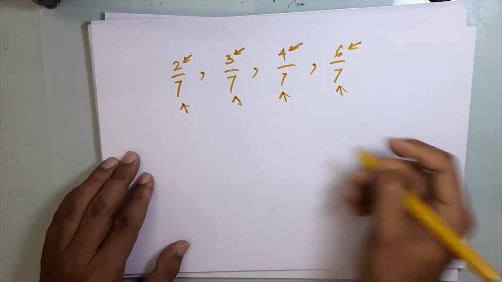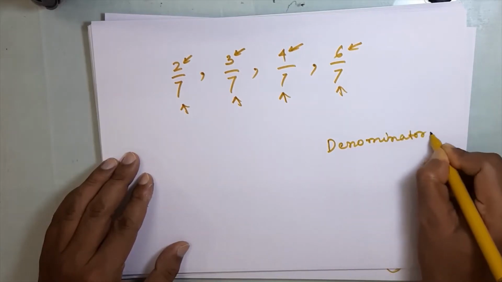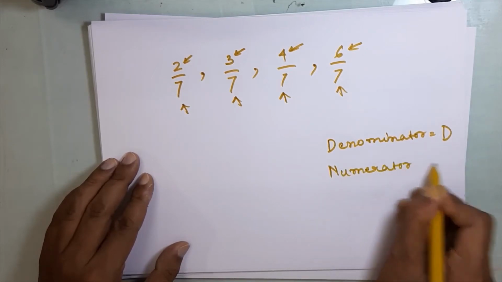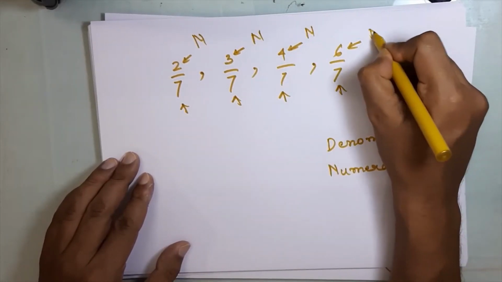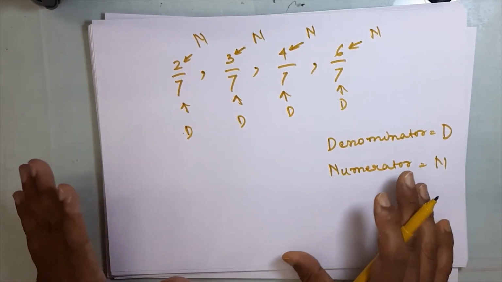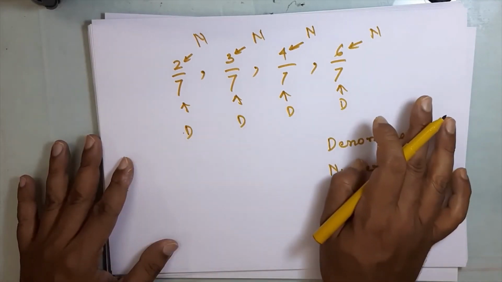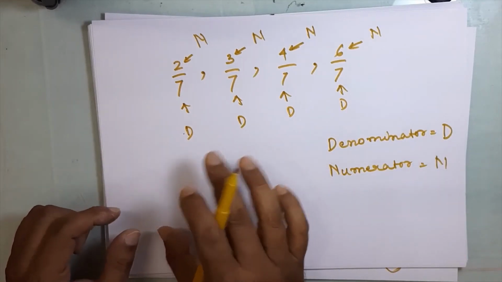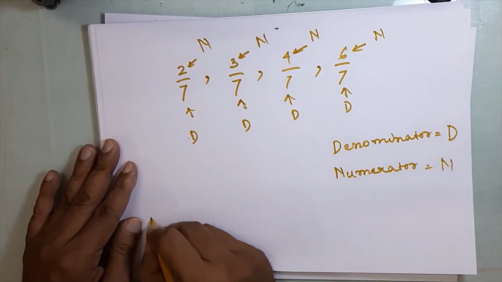So we will signify the denominator as D and the numerator as N. These are all N, and these are all D. So if you see here, in all these fraction examples, the denominators are the same. The numerators are different, but the denominators are the same. So all fractions where the denominators are the same, we call like fractions.